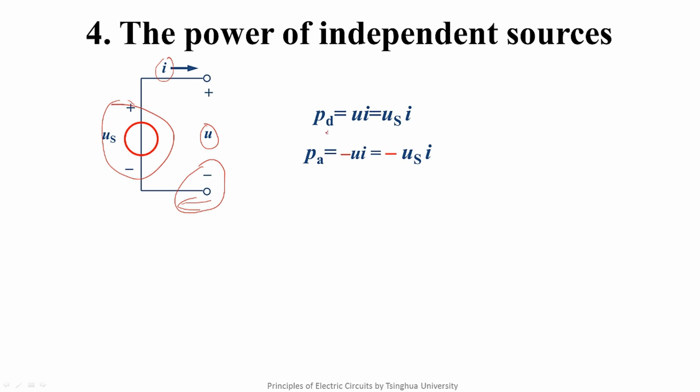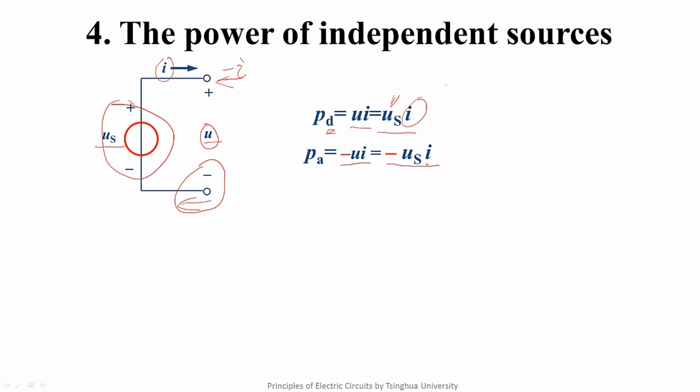We can calculate the supplied power, that is U times I. We know U is equal to US, so it's equal to US times I. US is its essential feature and I is determined by the external circuit. If you want to calculate the absorbed power, the current should flow in from this side. If the current flows in from here, it is minus I.